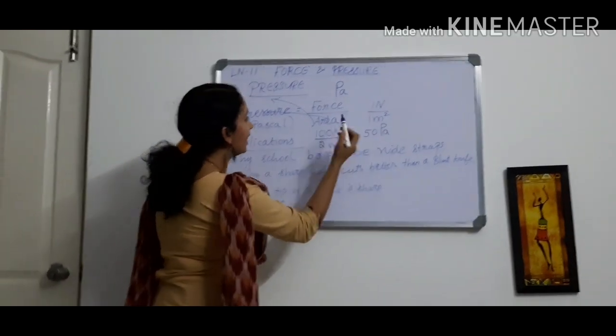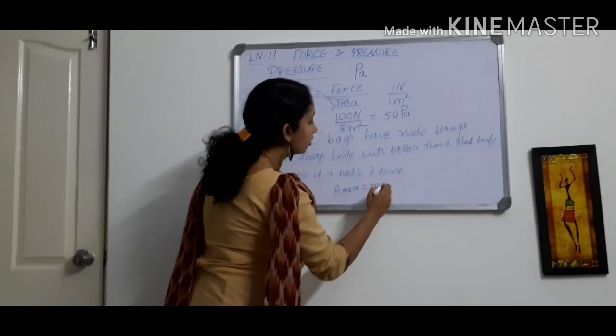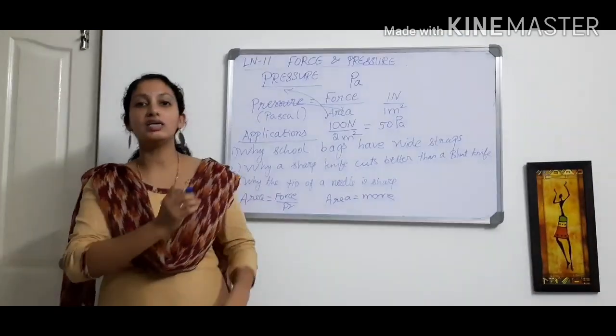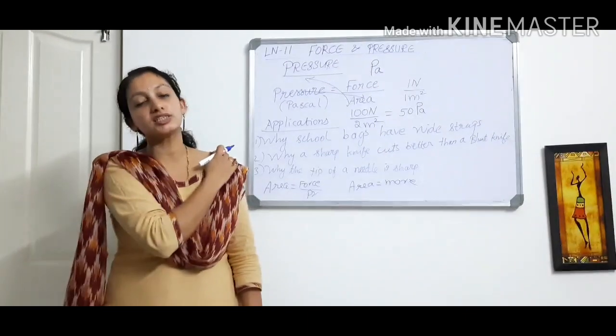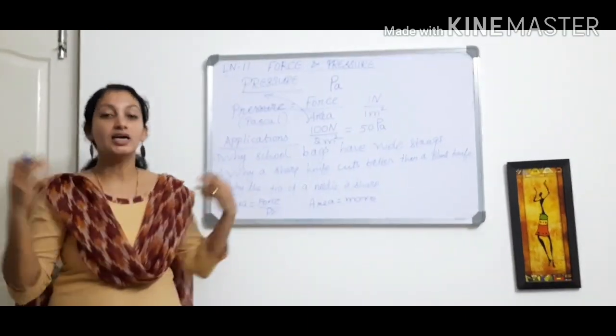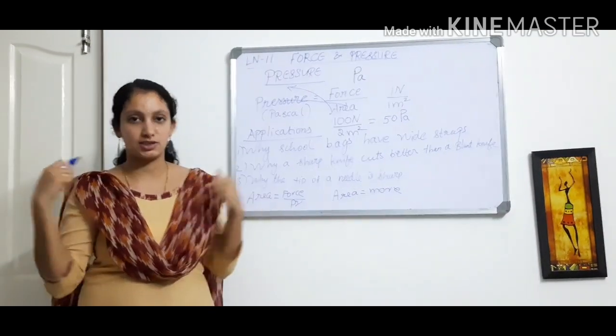So the area is more. Here area is more means you need to apply only less pressure on your shoulder. Area is more, pressure is less. You need to apply only less force to carry it.